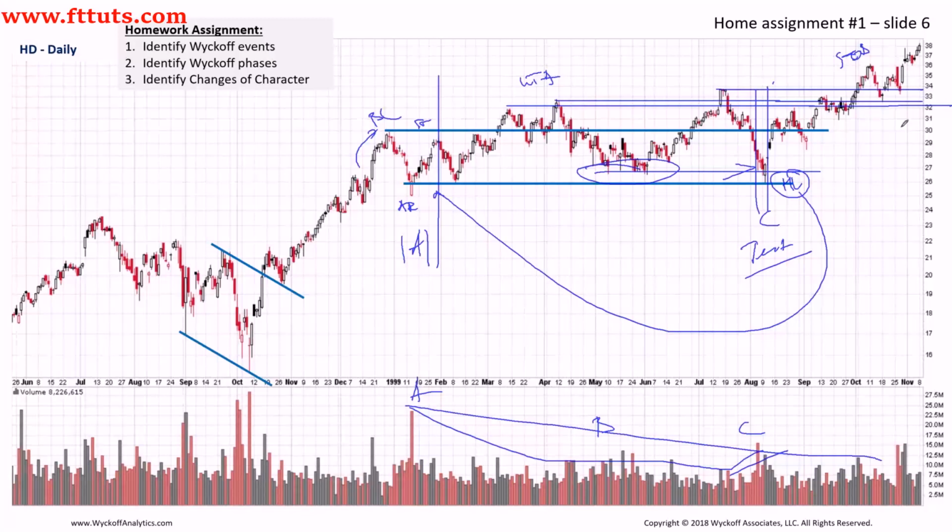We said that a sign of strength should rally off the lows in phase C, go through the whole range, commit to the upside. So all of these rallies right here are kind of like minor signs of strength, right? So they're still in the trading range. They have not overcome all of these points of the resistance that we have in phases A and B.